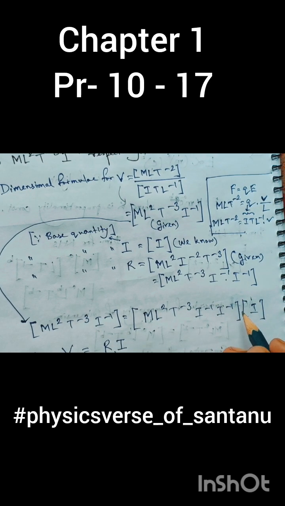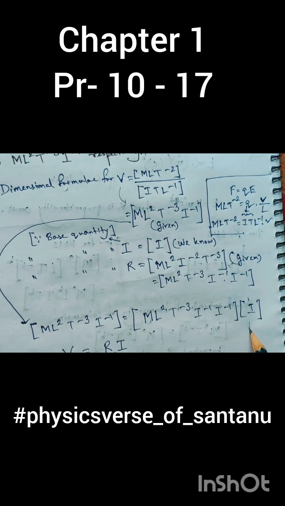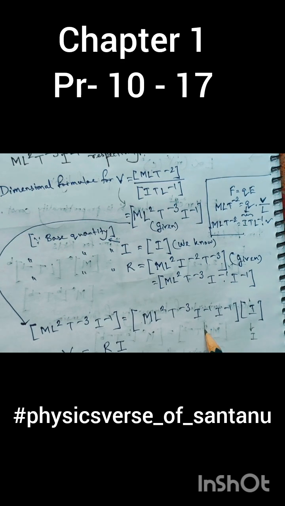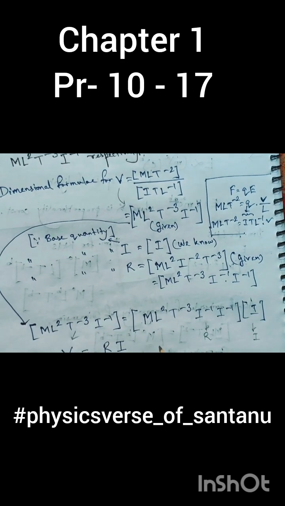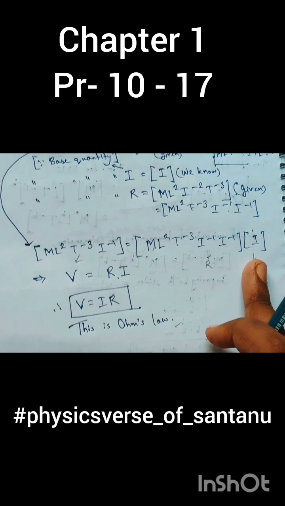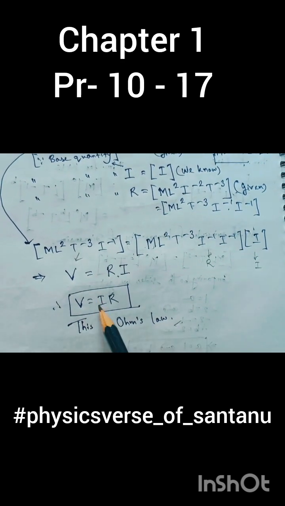That I to the power plus 1, or I, we have written separately. Now this is the dimension of I, this is the dimension of R, and this is the dimension of V. Therefore V is equal to IR, and we have got Ohm's law, which is V is equal to IR.